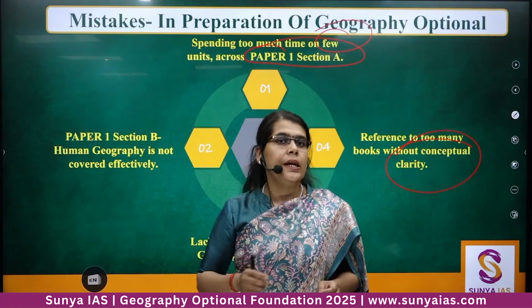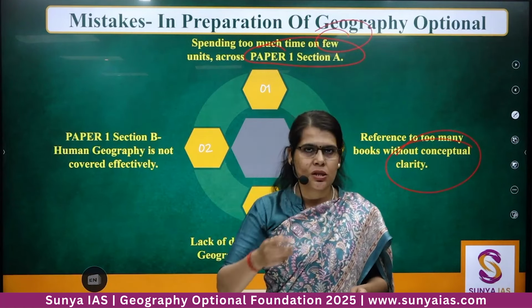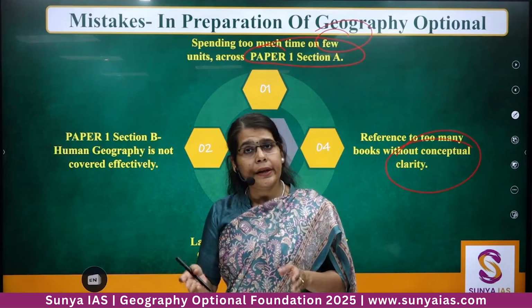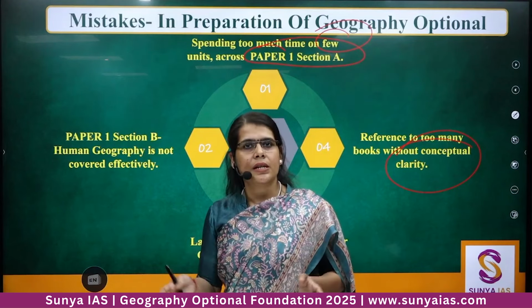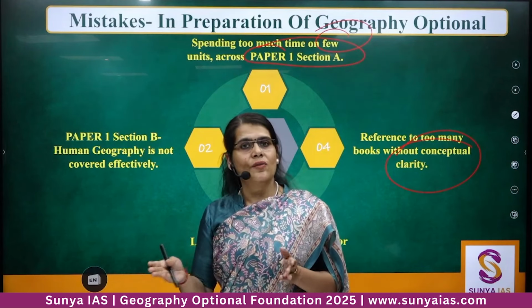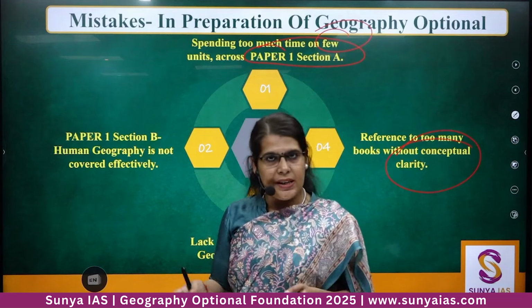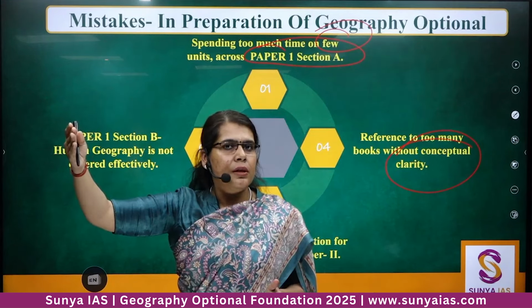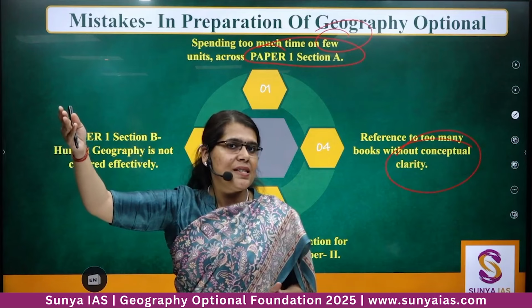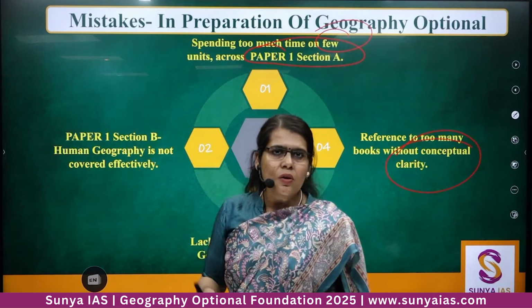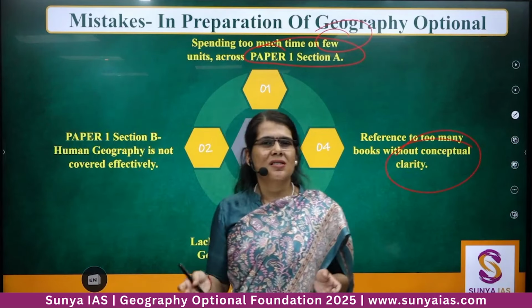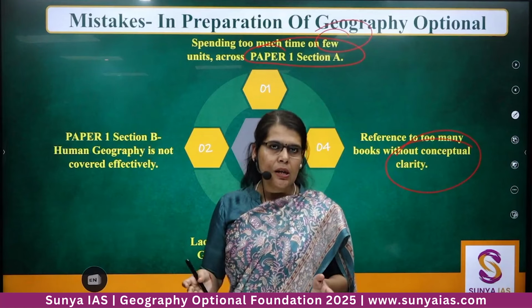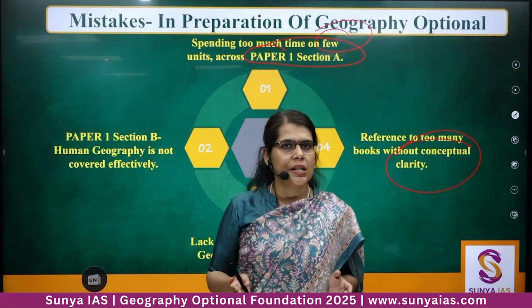So in turn that becomes a backlash, because again and again your marks are in the similar range, that is between 180, 190 to 220, 230, etc. You are not able to take that leap-bound impact in the mains examination marks, because you are always referring to too many books without particular enrichment, without particular data to substantiate your answers.